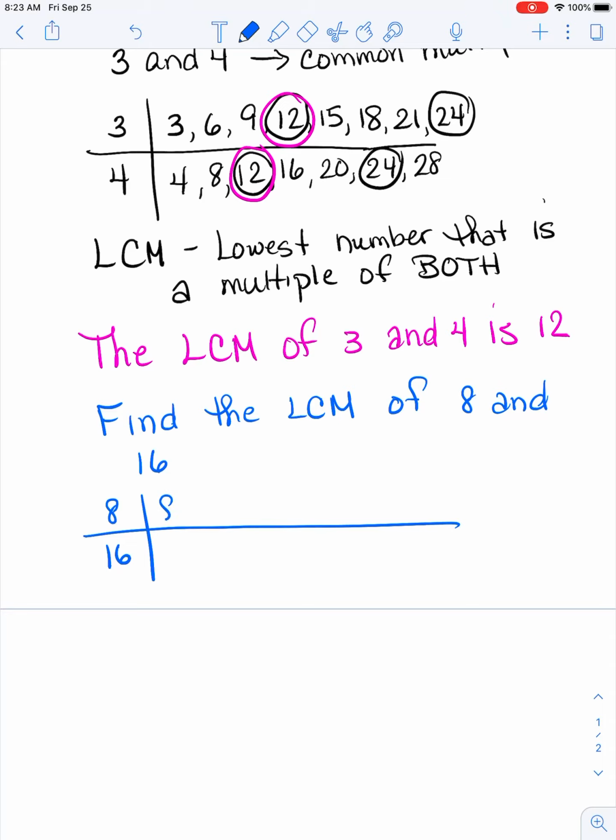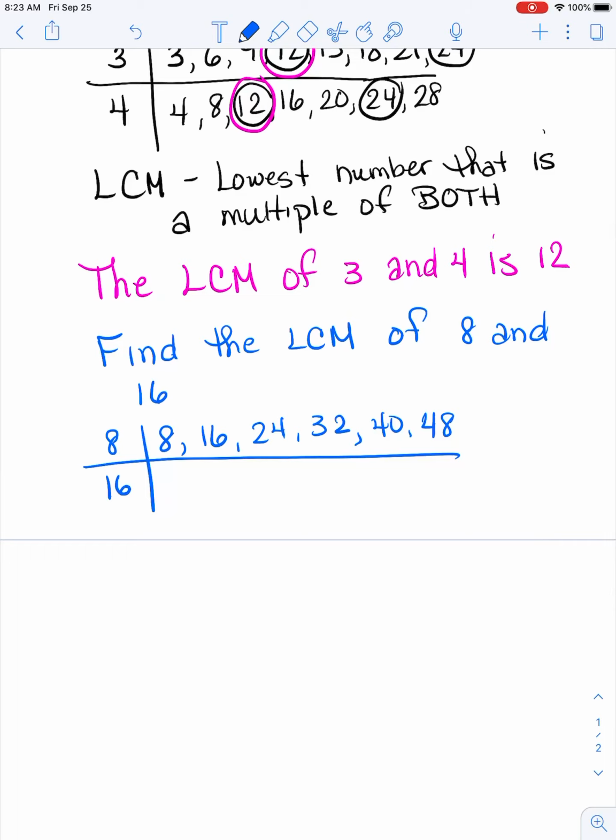So here I go. 8, 16, 24, 32, 40, 48. I think that's enough. And then here for 16, it's going to be 16 and 32 and 48.